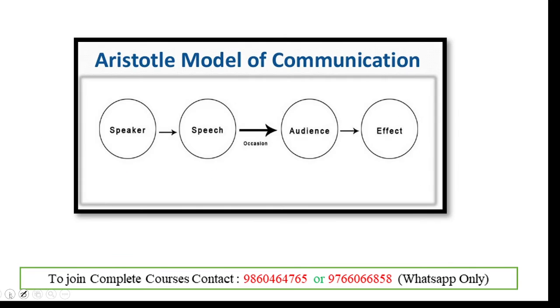Okay, then this is the particular one. That's a linear model. One speaker speaks to the audience on an occasion, and it will find an effect in the audience. So there is no feedback there.